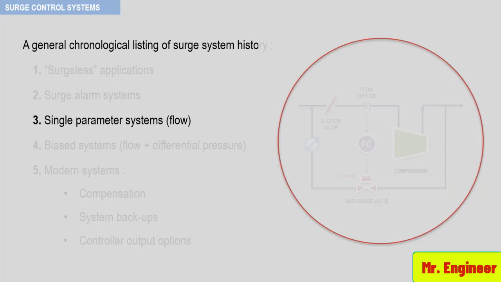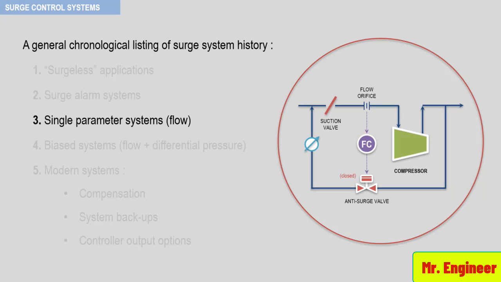The following figure shows a single-parameter surge protection system. Single-parameter surge systems have been employed extensively and very simply consist of a flow measuring device and an anti-surge valve, as depicted here. These systems can work if properly sized and installed.